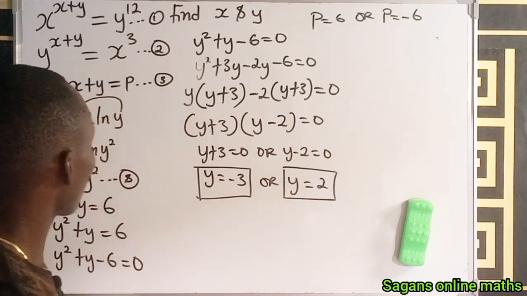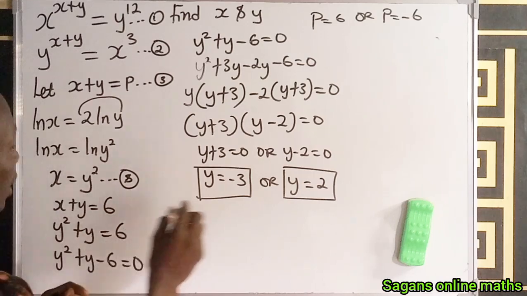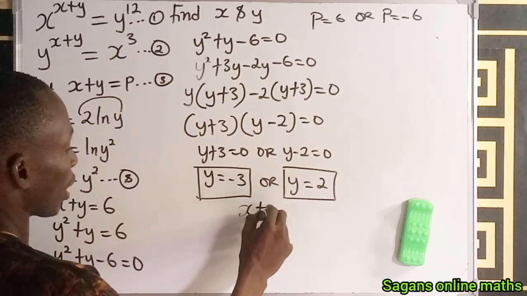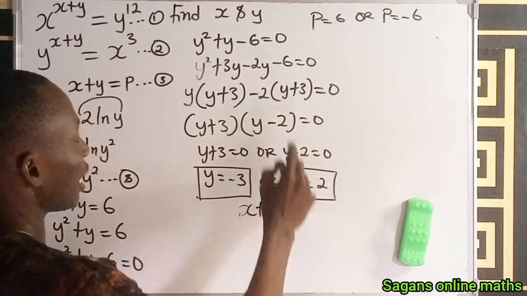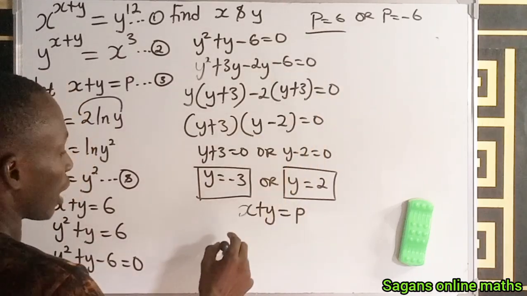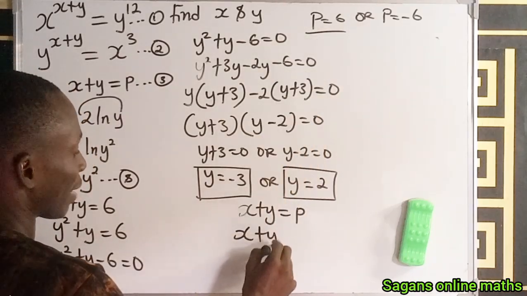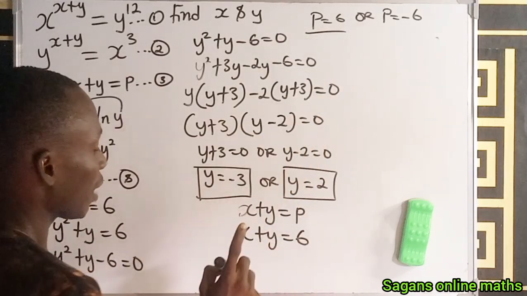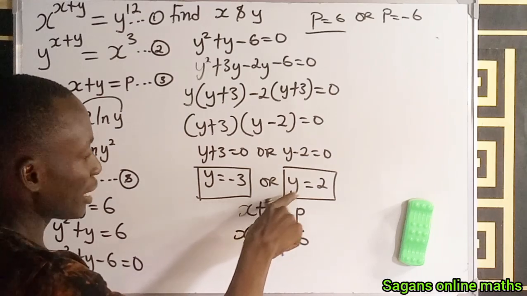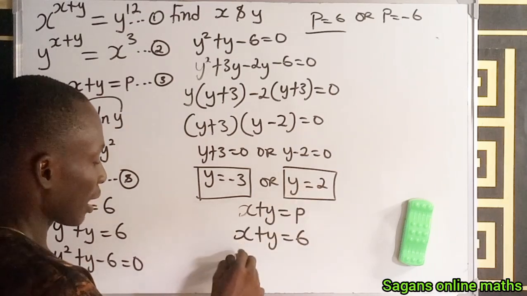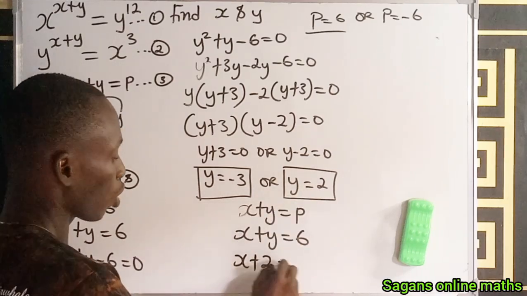Take note that from equation 3 we know that x plus y is equal to p. Let's work when p is 6, and we see that x plus y is equal to 6. Now we are getting that our y is 2. So now x plus 2 is equal to 6.